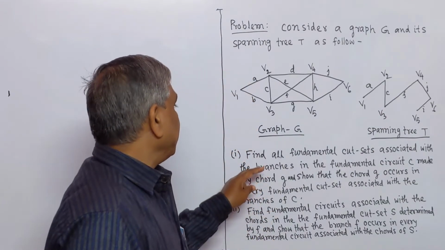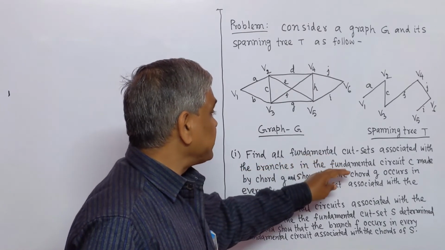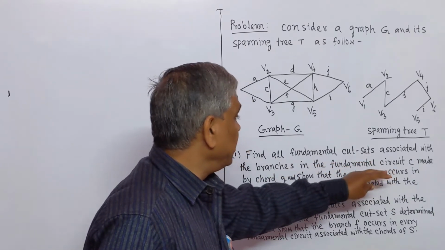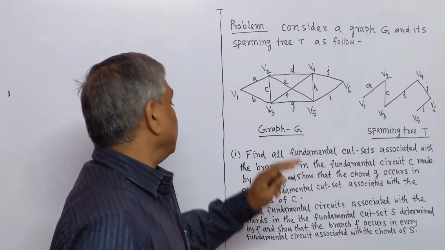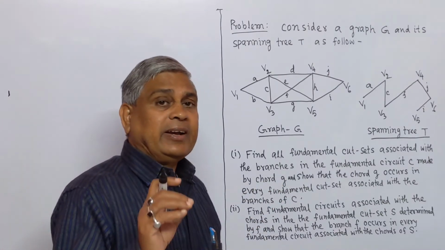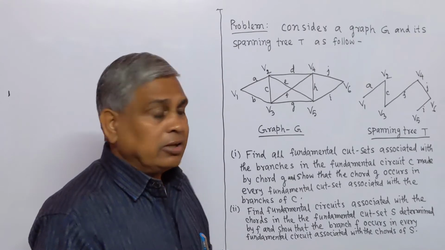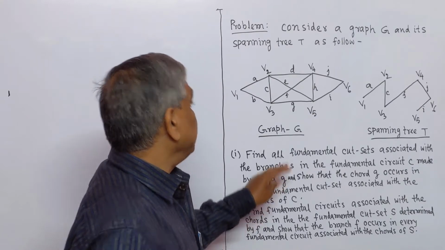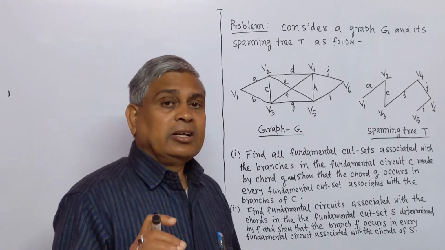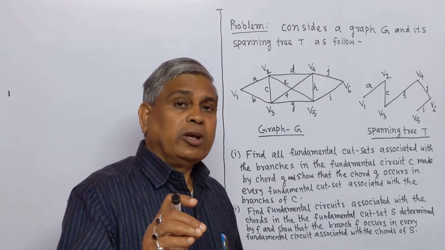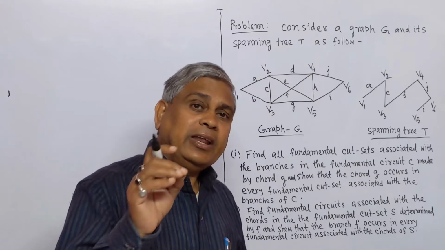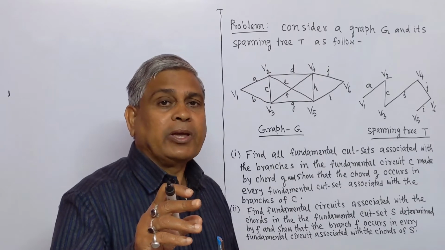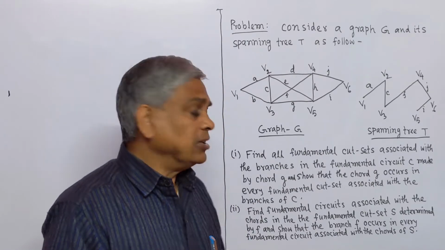Now question is, find all fundamental cut sets associated with the branches in the fundamental circuit C made by chord G. Fundamental circuit C, which is formed by the chord G. We know that if we include a chord in a spanning tree T, then it will take the form of a fundamental circuit.